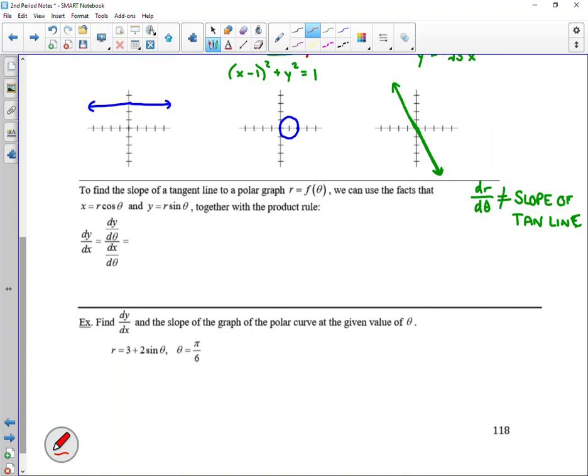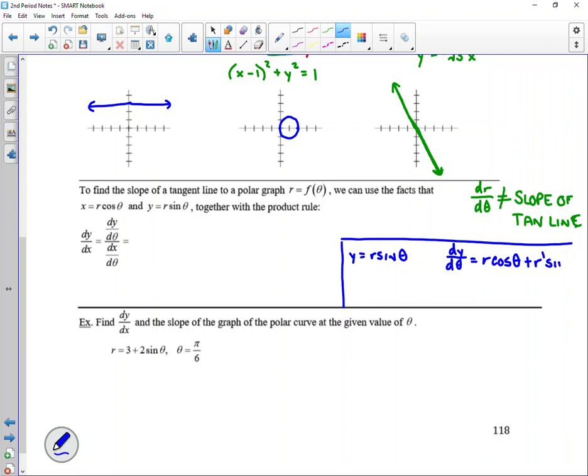What does that mean? That means that you gotta take these original equations, y equals r sine theta, and you have to take the derivative of them. So what's dy d theta? It will equal r times cosine theta plus r prime sine theta.